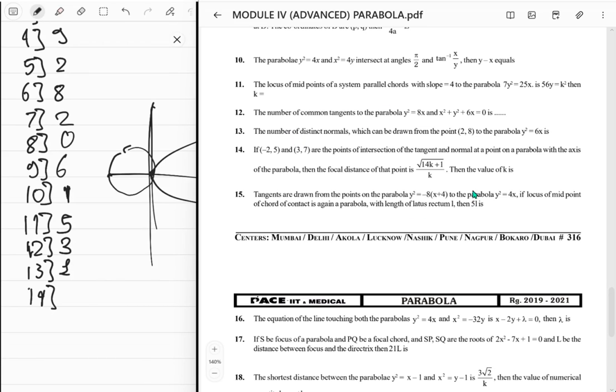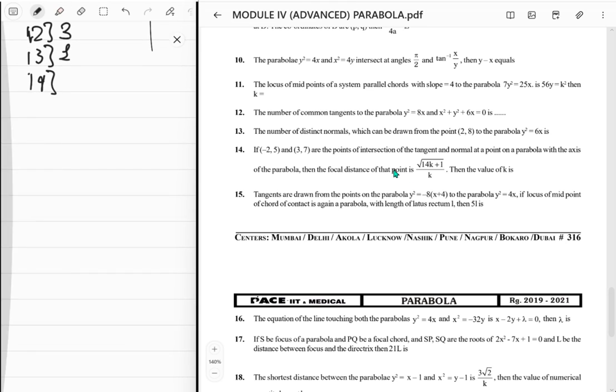And the focal distance of that point is this thing. Find the value of k. Focal distance is given. From the focus you want. But all you know is just the distance between them. That's all they have actually given us. Nothing else, right? Yeah, okay.